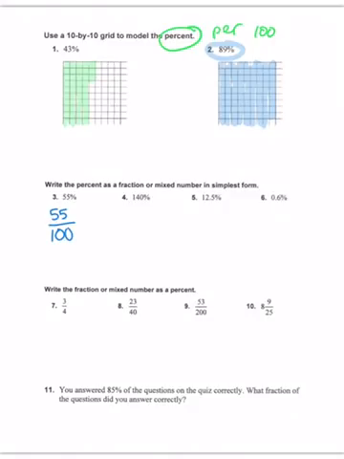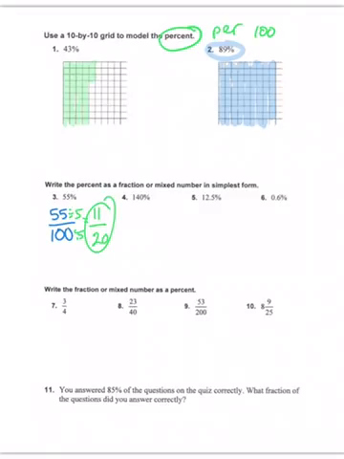Now I have it as a fraction, and the second direction is to write it in simplest form. I know that both of these are divisible by 5. So I can simplify this problem to 11/20. So that's my answer for number 3, 11/20.